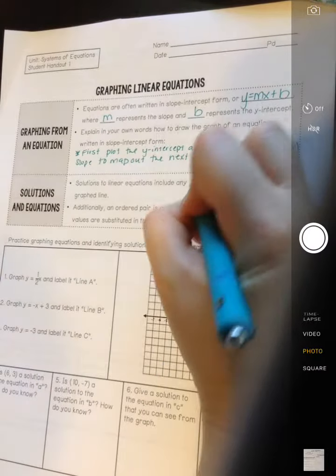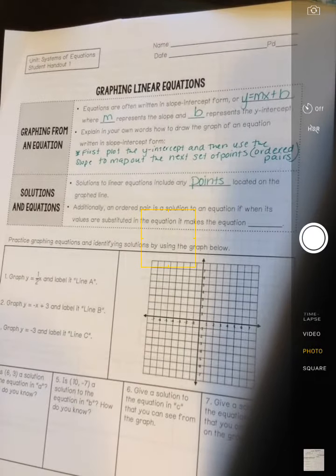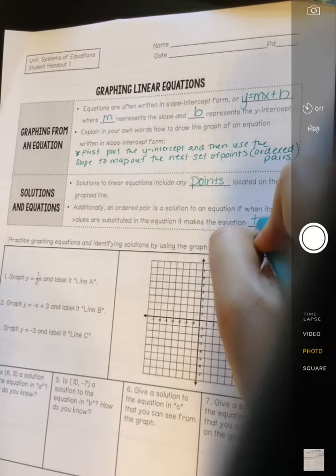Solutions to linear equations include any points located on the graphed line. Additionally, an ordered pair is a solution to an equation if when its values are substituted into the equation, it makes the equation true.